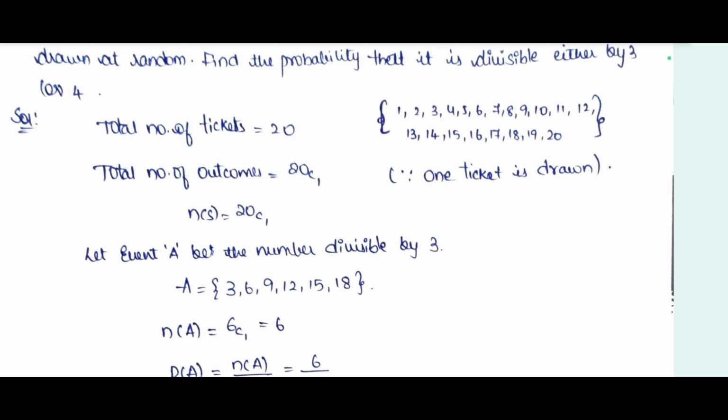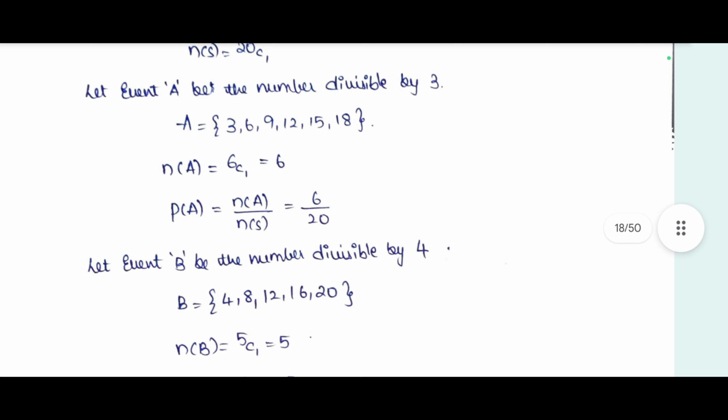The total number of tickets is 20. The total number of outcomes: you're drawing exactly one ticket from that. So how many ways can you do that? 20C1, so 20C1 is your outcomes. Let A be the event that the number is divisible by 3.